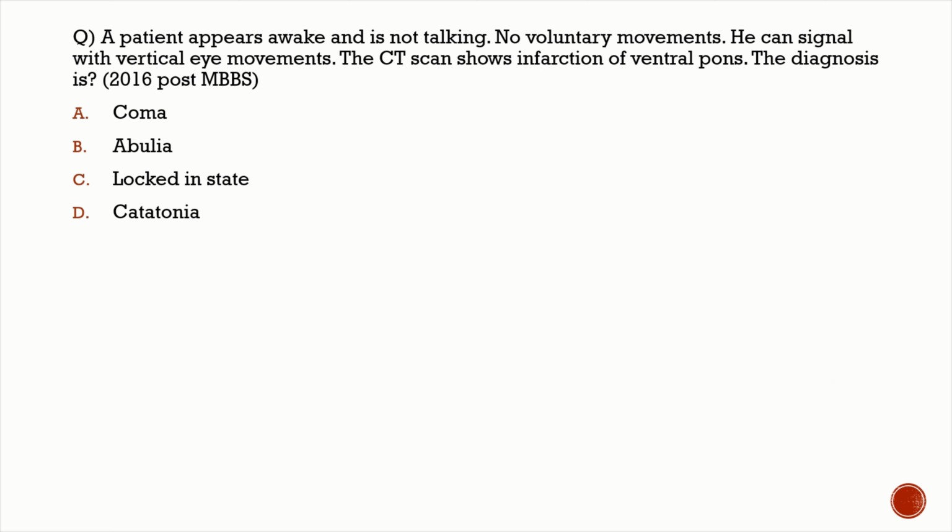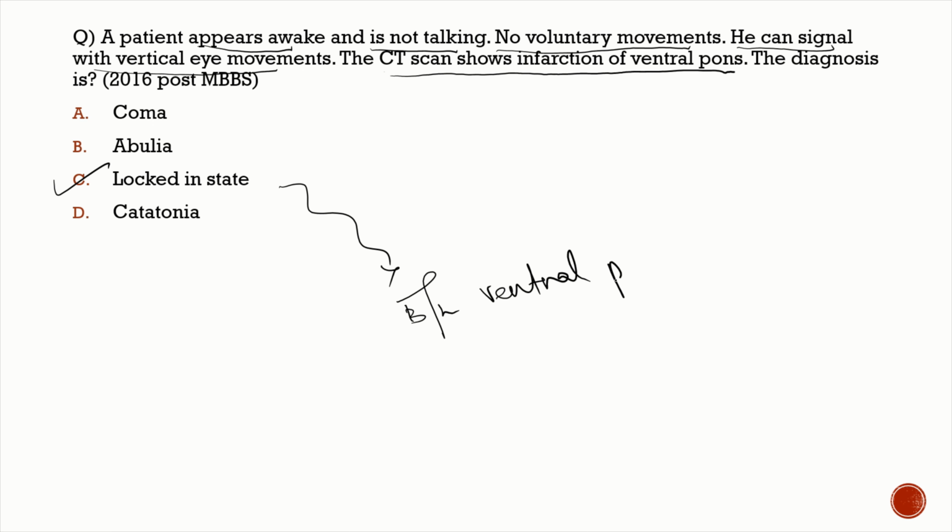Question number 1. A patient appears awake, is not talking, there are no voluntary movements, he can signal with vertical eye movements, CT scan shows an infarction of the ventral pons. What is the diagnosis? It's very easy, a classical clinical scenario, that is locked in state. Remember, locked in state is because of a bilateral ventral pontine lesion.